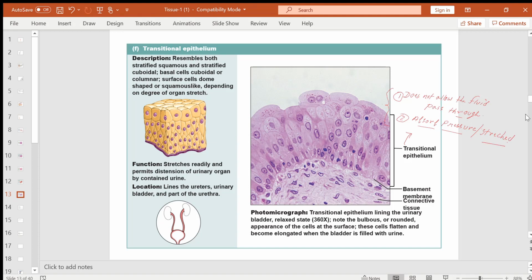Okay, so how do these two properties help? The transitional epithelium is present inside the urinary bladder, and inside the ureter.